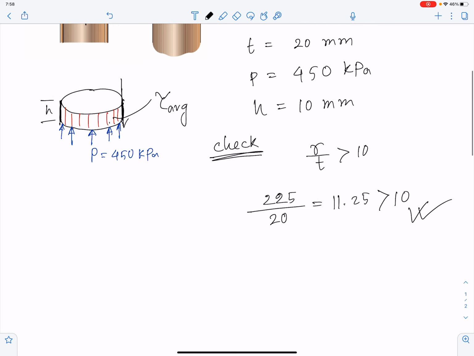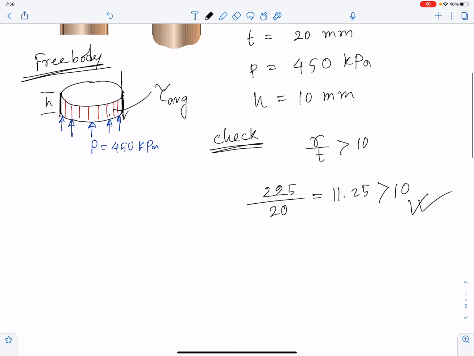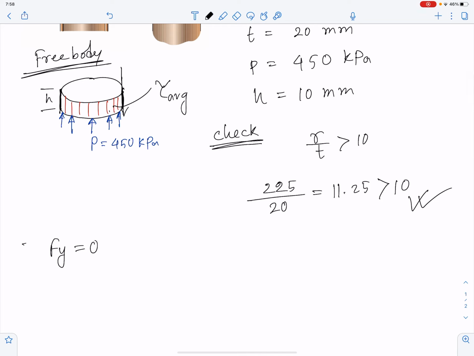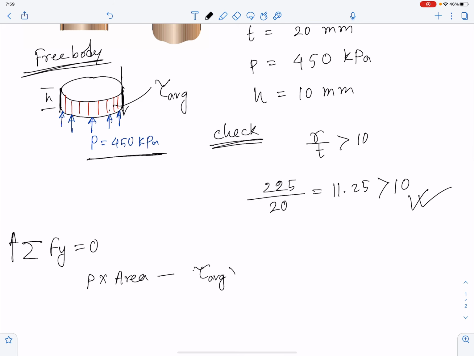Now if we do the force balance for this free body diagram of this cap, for the vertical direction, let's say the summation of Fy equals 0, with the upward direction positive, then we know that the force due to the pressure is nothing but pressure times area. So I'm writing pressure times area minus the shear stress tau average times the area as well.